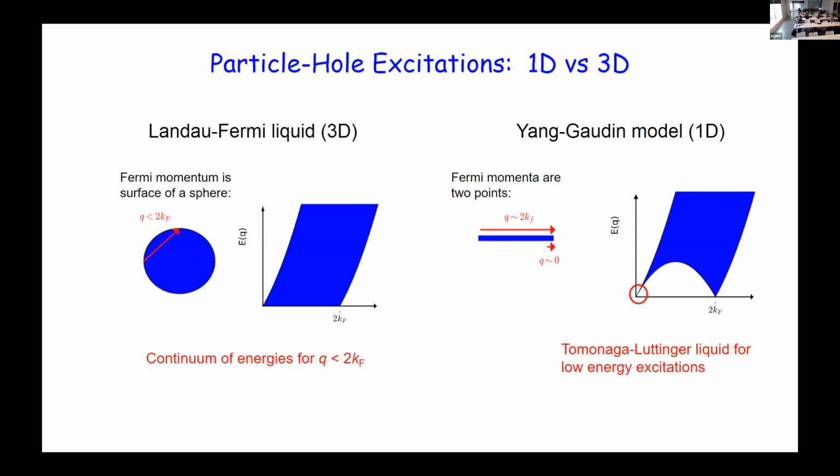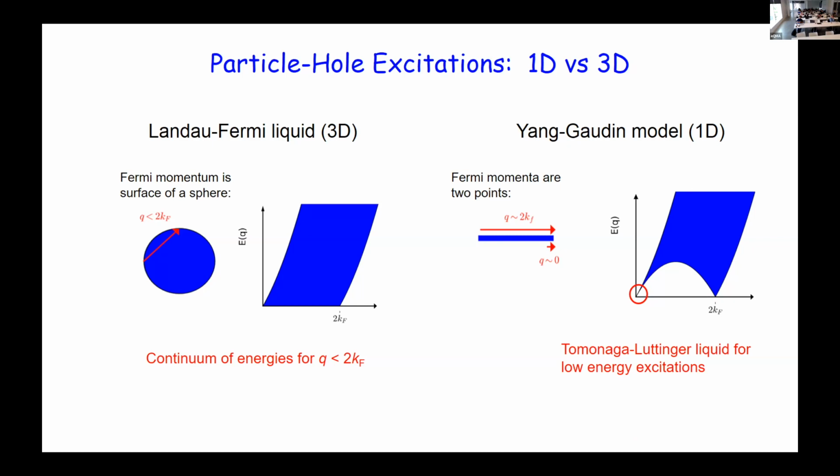So the difference in terms of the excitation spectrum is that in the Landau Fermi liquid theory, there's a continuum of energies for any momentum transfer from 0 to 2 times the Fermi momentum. In one dimension, on the other hand, there's not a Fermi surface, there are Fermi points. And the Fermi points are separated by twice the Fermi momentum.